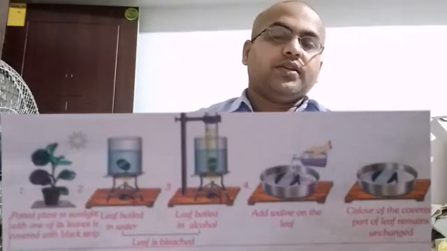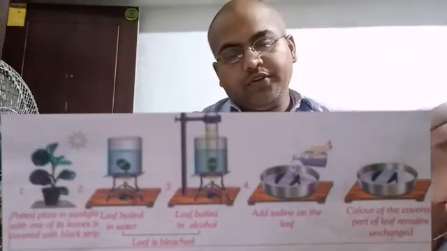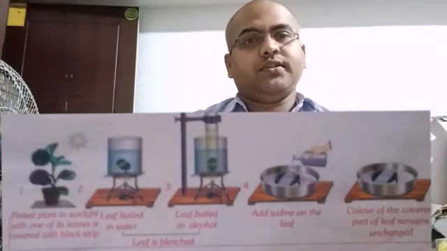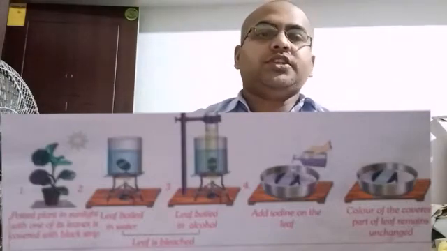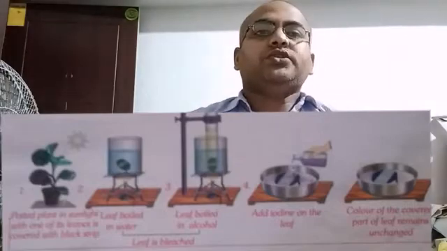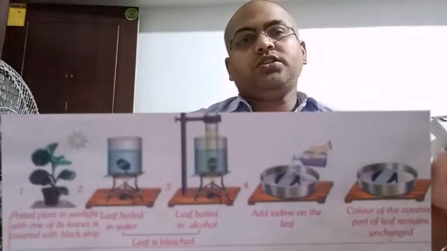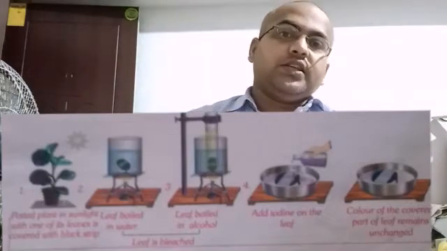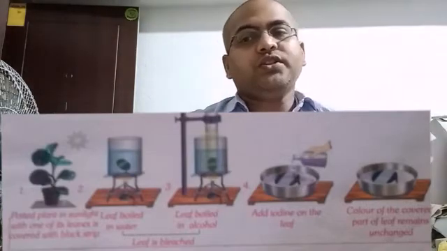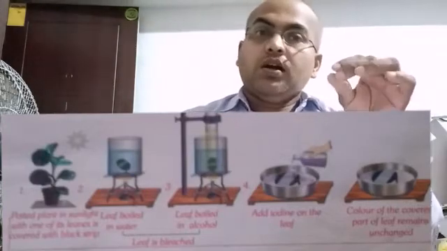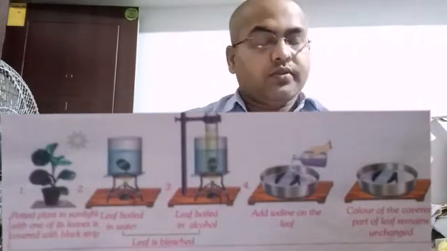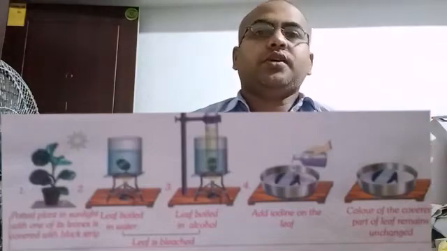After washing, we put the leaf into a dish and add a few drops of iodine. If the color changes, it means starch is present, and if the color does not change, it means no starch. If starch is there, the color changes to blue black, which shows that starch is present in leaves.